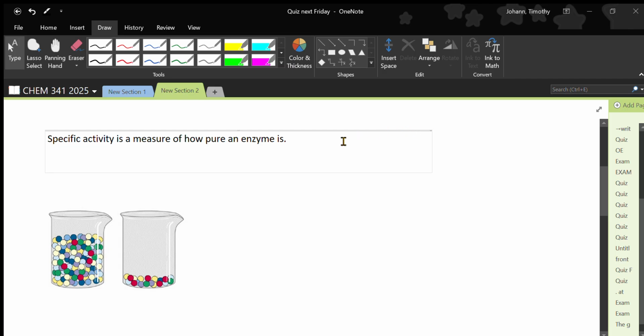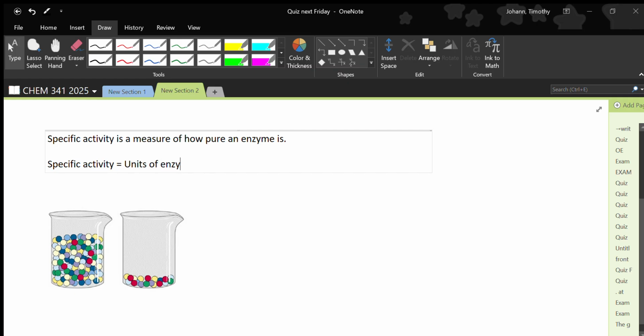Specific activity actually has a more formal definition in terms of an equation. Specific activity is equal to units of enzyme. That's an actual unit called units. Units of enzyme per milligram of protein.